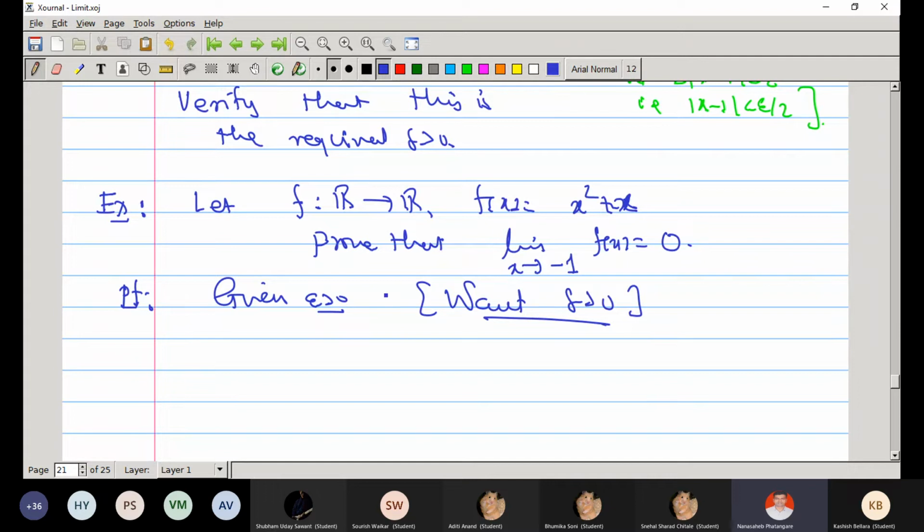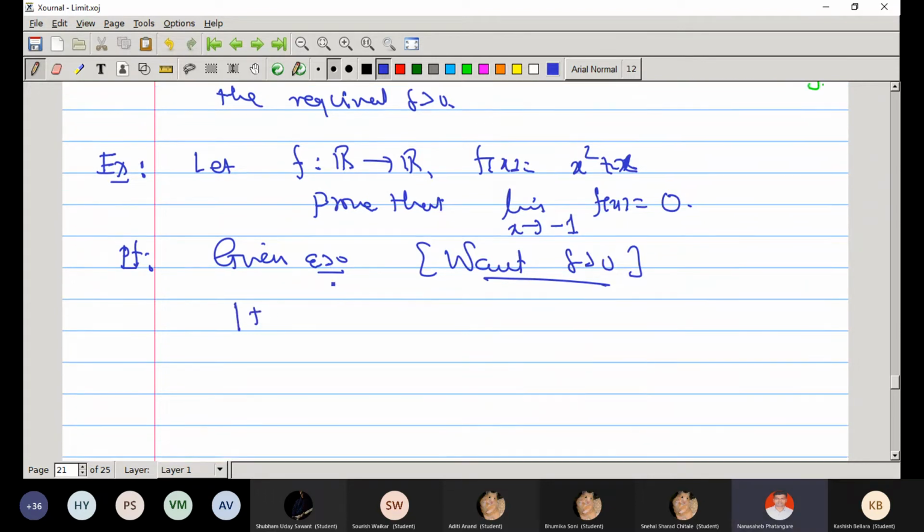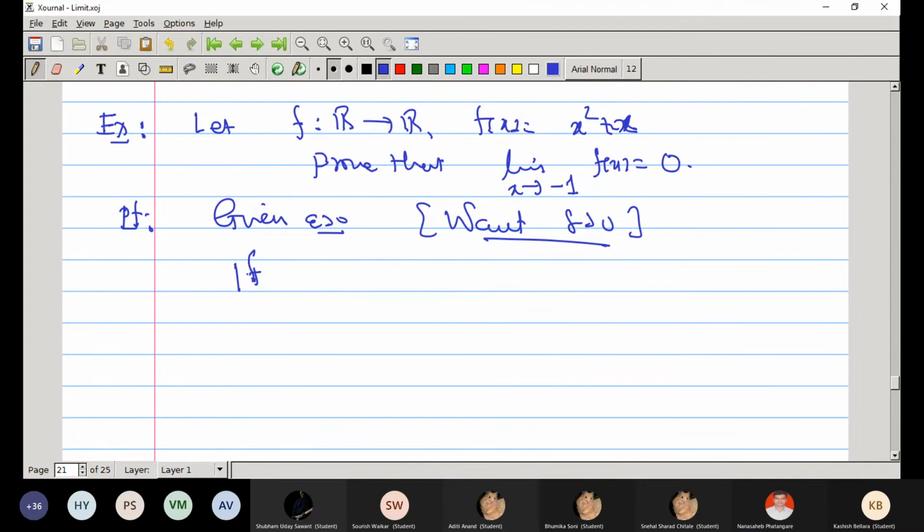Now let us simplify the expression f of x minus 0, so that it is just f of x. Now what is it? x into x plus 1.